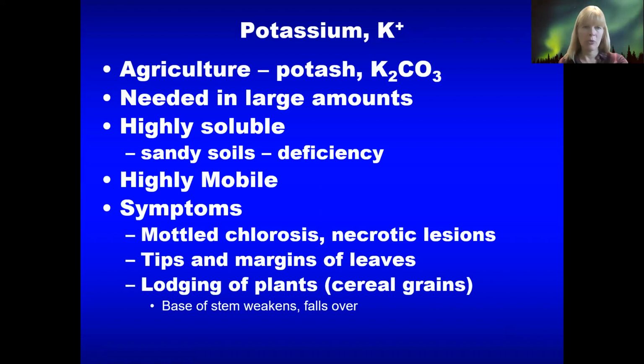And so, what I'm saying here about potassium, these types of things would show up on the multiple choice. Like I'd say this mineral is highly soluble. It causes lodging of plants when you have deficiencies. Then I might include highly mobile is another idea.